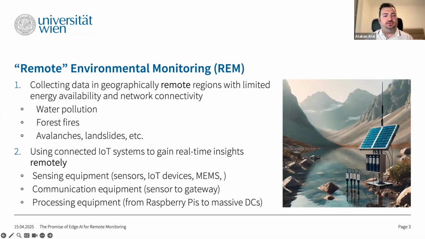This requires, of course, sensing equipment, communication equipment, and processing equipment. Processing equipment can vary from small microcomputers like Raspberry Pis to massive data centers.